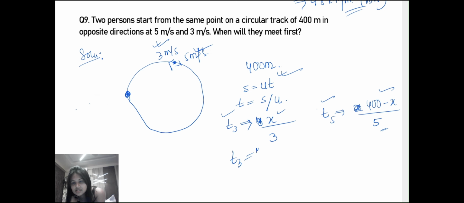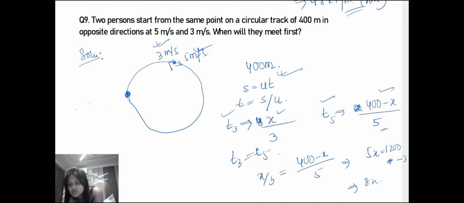So can we say that T3 equals T5? Therefore, x by 3 equals 400 minus x by 5, which implies 5x equals 1200 minus 3x, which is 8x equals 1200.